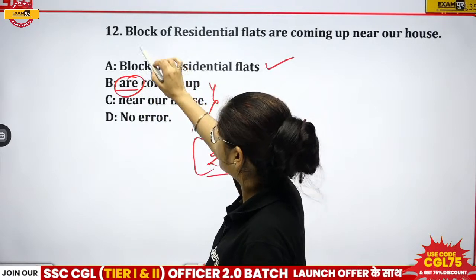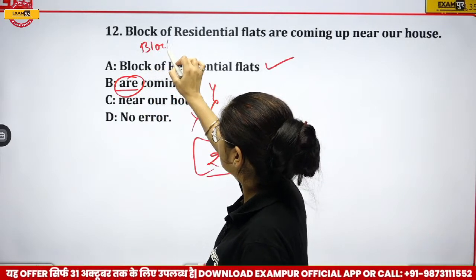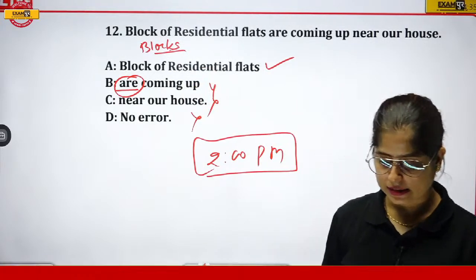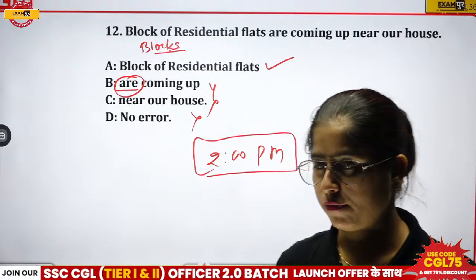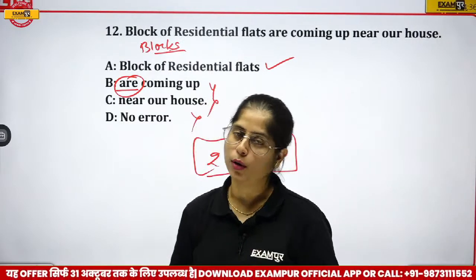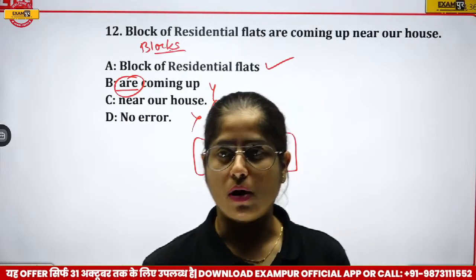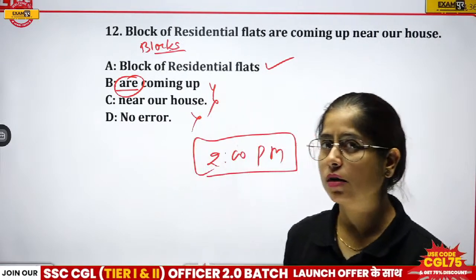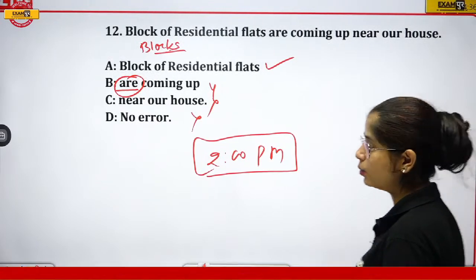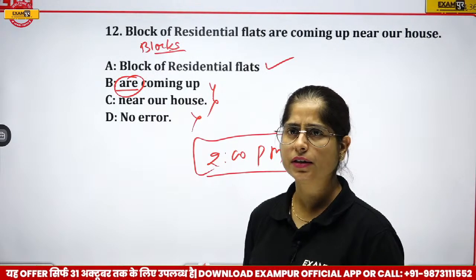Block of or blocks of? What should it be? Blocks of residential flats. So here the answer should be A, and instead of block that is given in singular form, we need a plural form of that noun, and that would be blocks, right? Blocks of residential flats are coming up near our house. Understood?